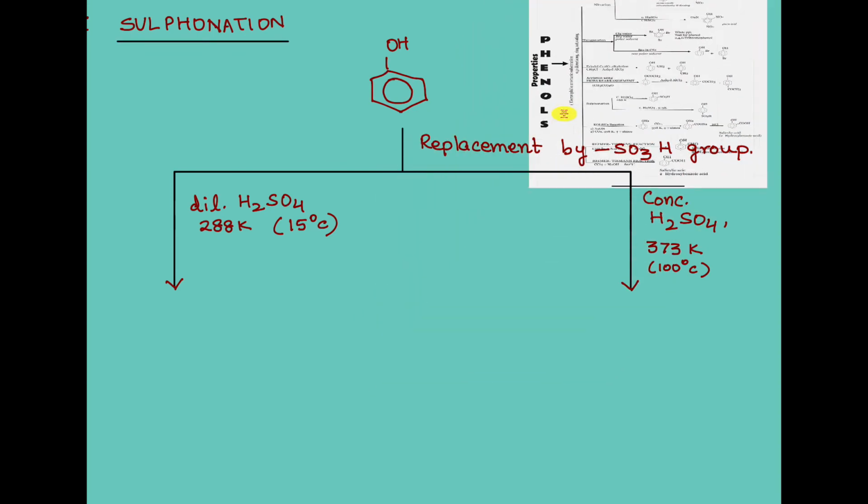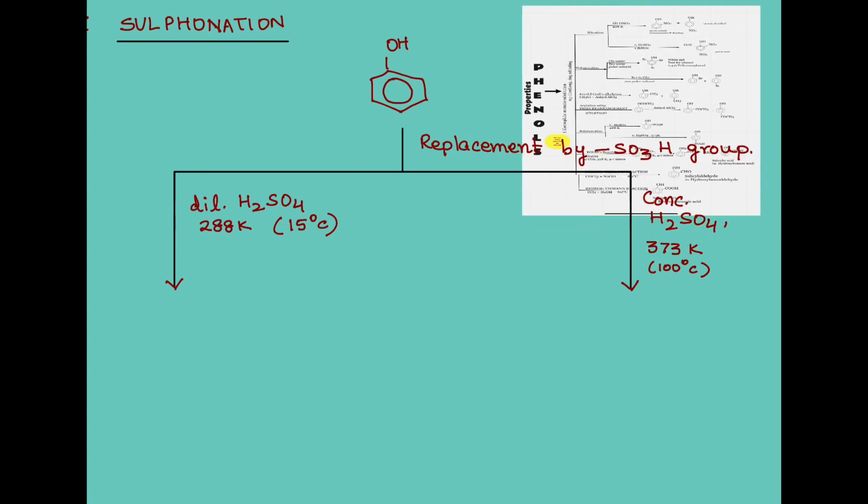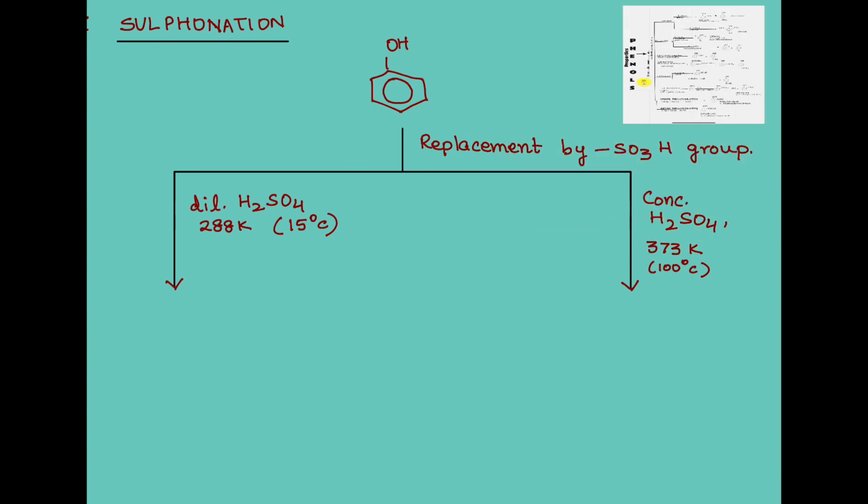And you have the chart in front of you, right? You notice the conditions of the reaction. Reacting phenol with dilute sulfuric acid at a low temperature of around 15 degrees Celsius and concentrated H2SO4 at around 100 degrees Celsius.